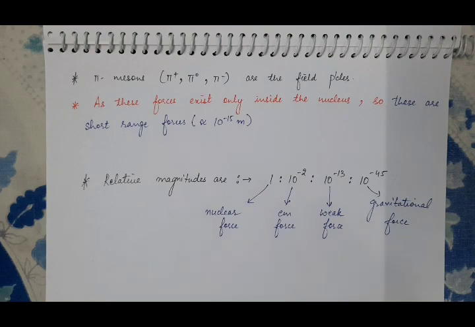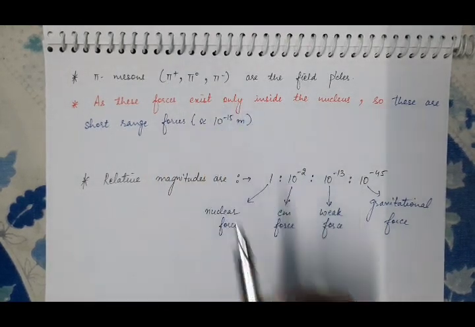Because this nuclear force can be the interaction between proton and proton, between proton and neutron, or between neutron and neutron. So in the 3 cases, the force is between two charged particles, one charged and one neutral particle, or between two neutral particles. So according to the situation, any of the field particles will participate.